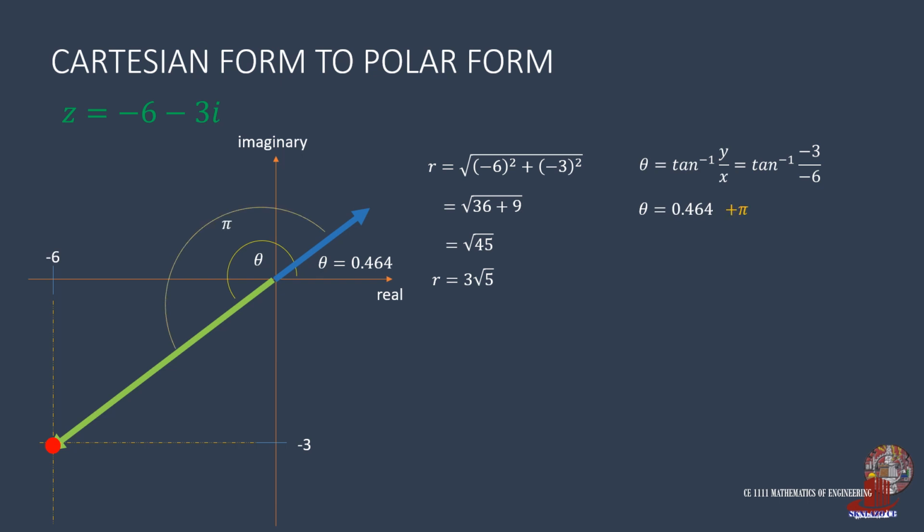Adjust theta by adding 180 degrees or pi, making theta as 3.605. Therefore, z in polar form is 3 root of 5 times cosine of 3.605 plus i sine of 3.605, simply written as 3 root of 5 cis 3.605.